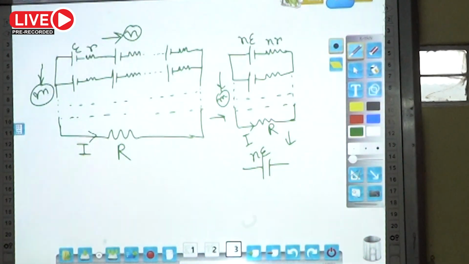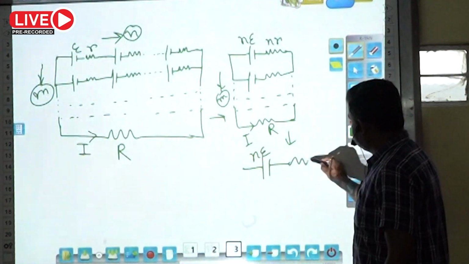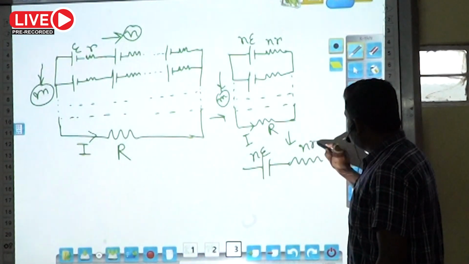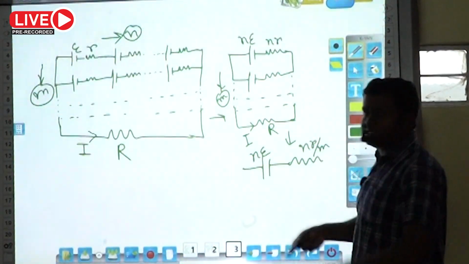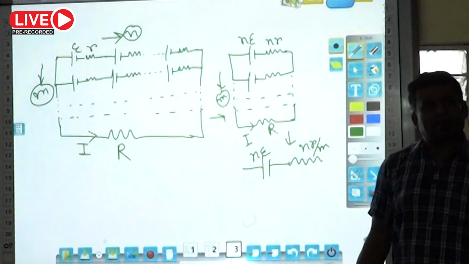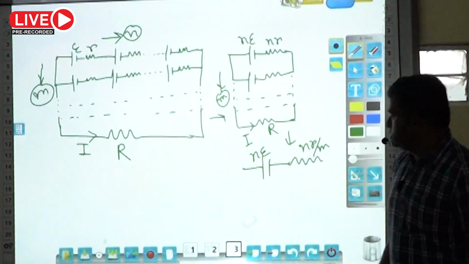Similarly, here nr is the resistance and M such resistances are connected in parallel. So the equivalent internal resistance will become nr by M. Total resistance divided by how many are connected in parallel.